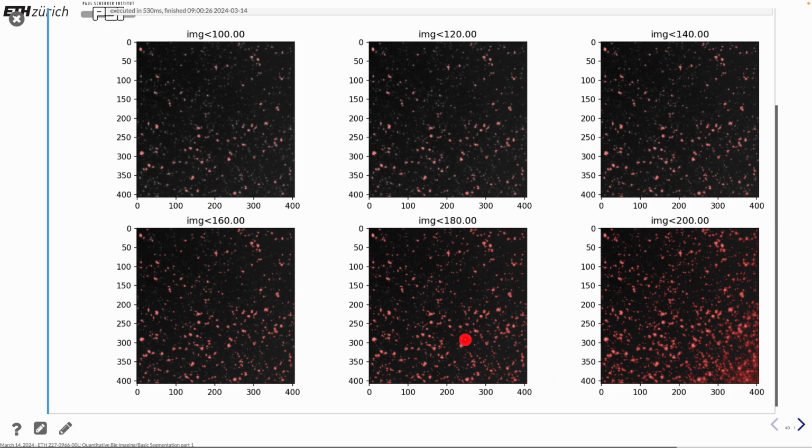It's getting a lot in this corner, in particular here at 200. And the reason is that our illumination in this image is not perfectly flat. So this image was probably not normalized. So we have a diagonal gradient, and that diagonal gradient has an effect on the image segmentation. So what we need to do is actually to do some preparation to correct for that.